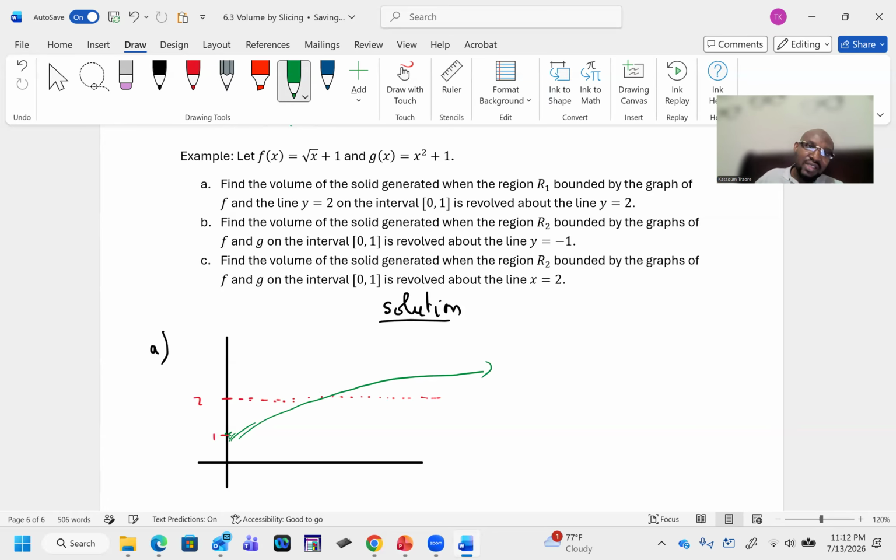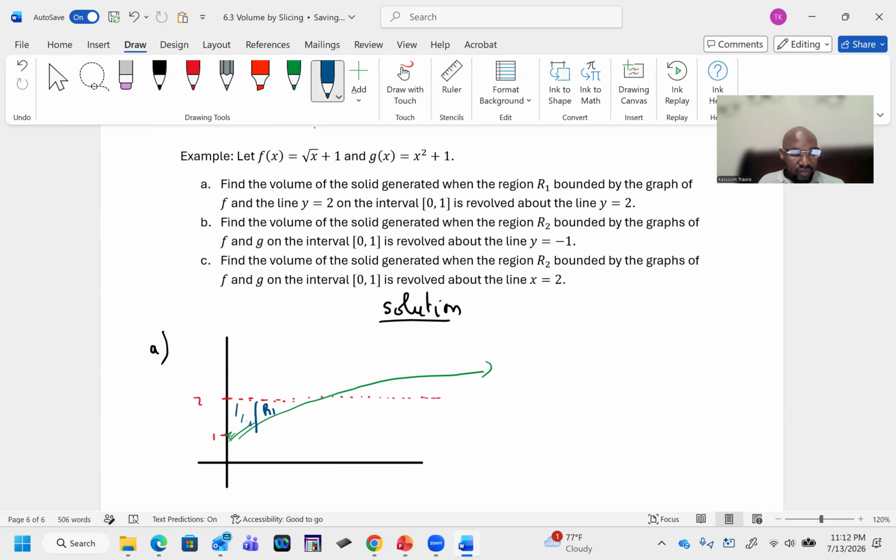So it's just like this. Let me just use this. So this will be my R1. So if it's revolving about this one, it will just be like this, okay?